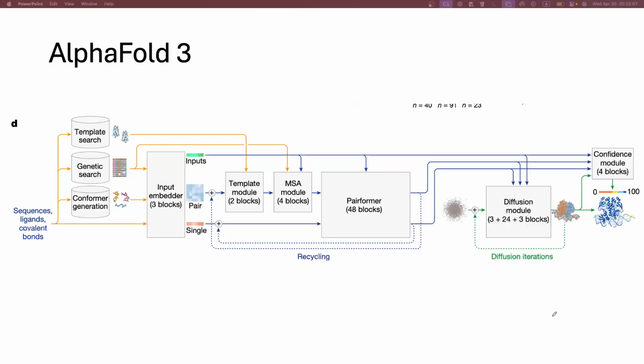But what it does differently is the embedding part. Instead of just the MSA and then the pair, it embeds the input into inputs, pair, and single. So we didn't have inputs here before, right? And the inputs just kind of guide it through the entire process.